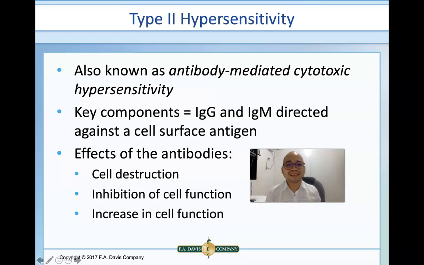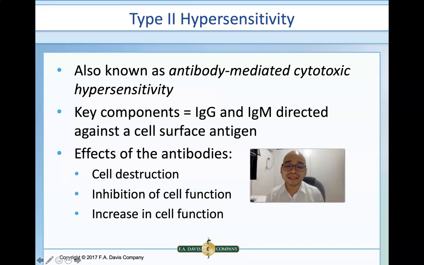So it is also antibody-mediated because this would involve IgG and IgM. And in this particular case, the antigen is found on the cell surface. So since you have IgG and IgM directly attaching to the cell surface, okay, antigen found at the cell surface, the possible effects of the antibodies would include cell destruction.